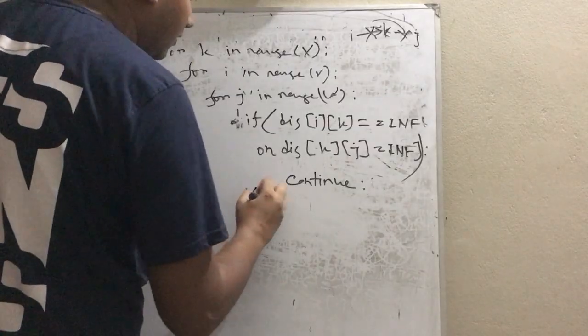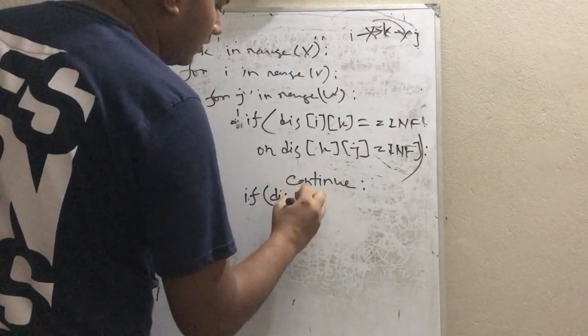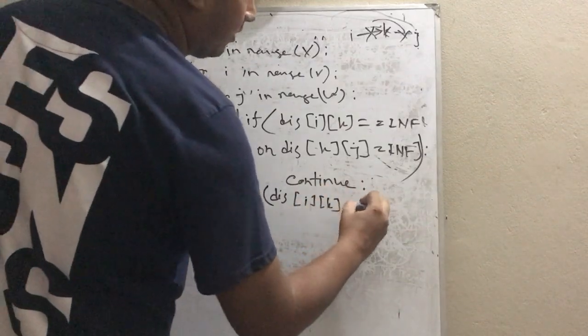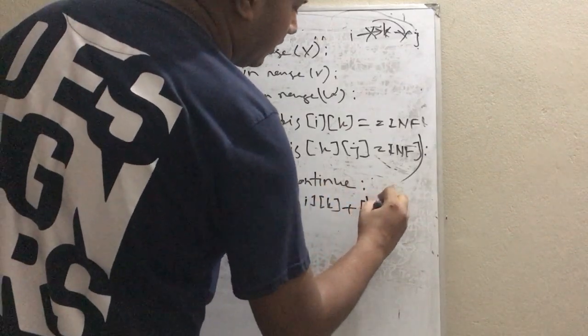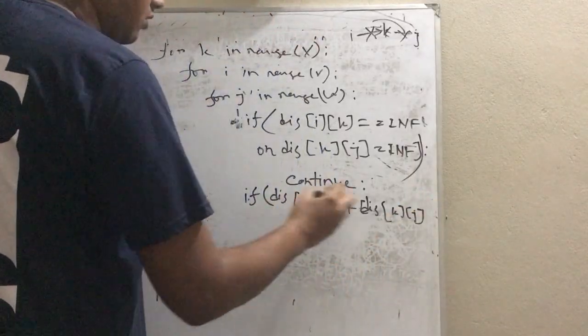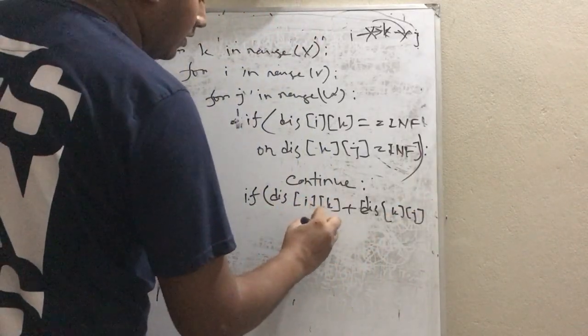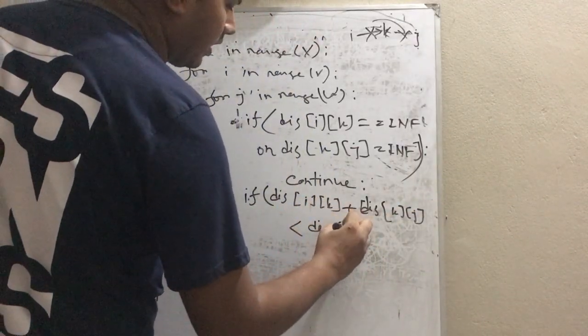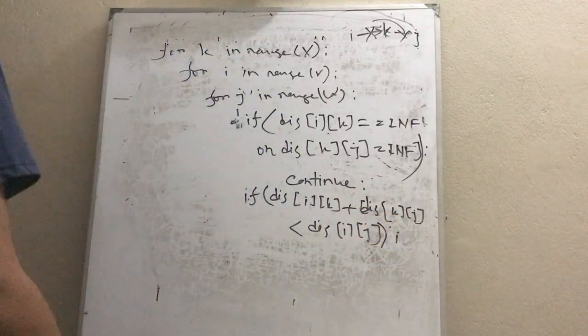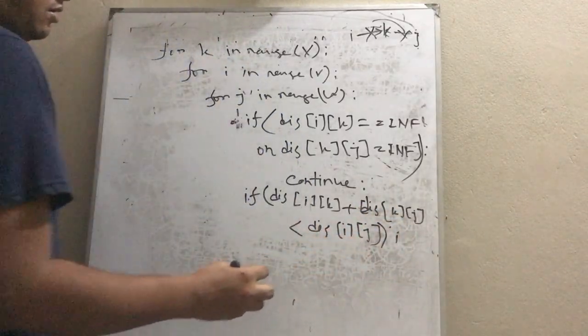If distance i to k plus distance k to j is less than distance i to j, so what is the distance of i to j?